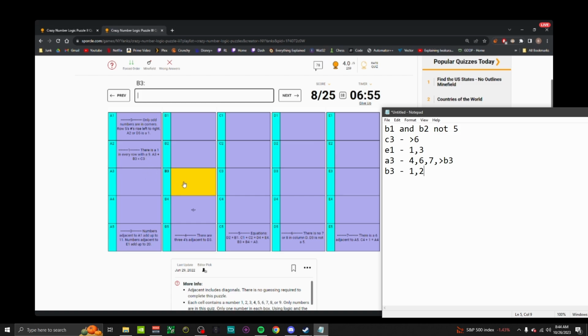4, 6, and 7? Yes, 4, 6, and 7. It could be 3, but it can't be bigger than 3. Okay. Because then the minimum next would be 5. Yeah, you're right. So 1, 2, or 3.